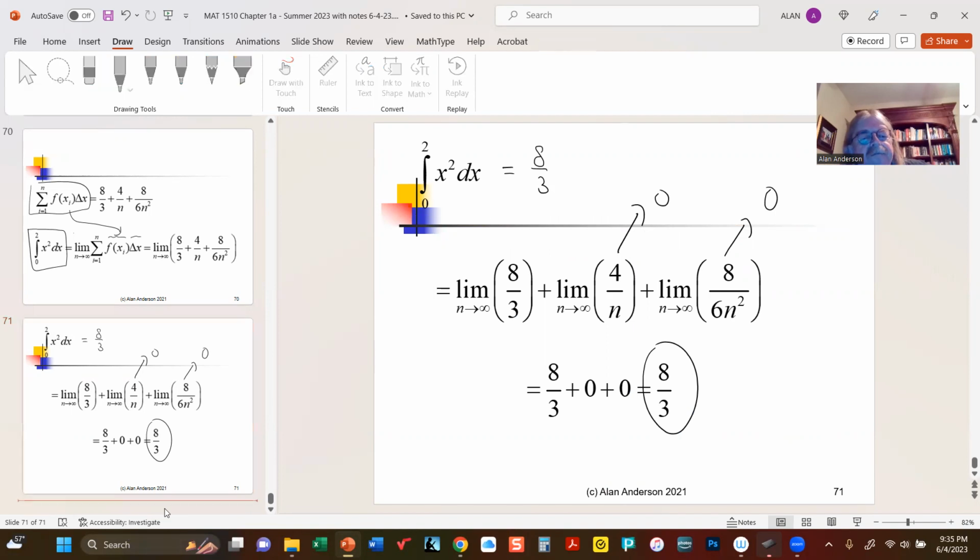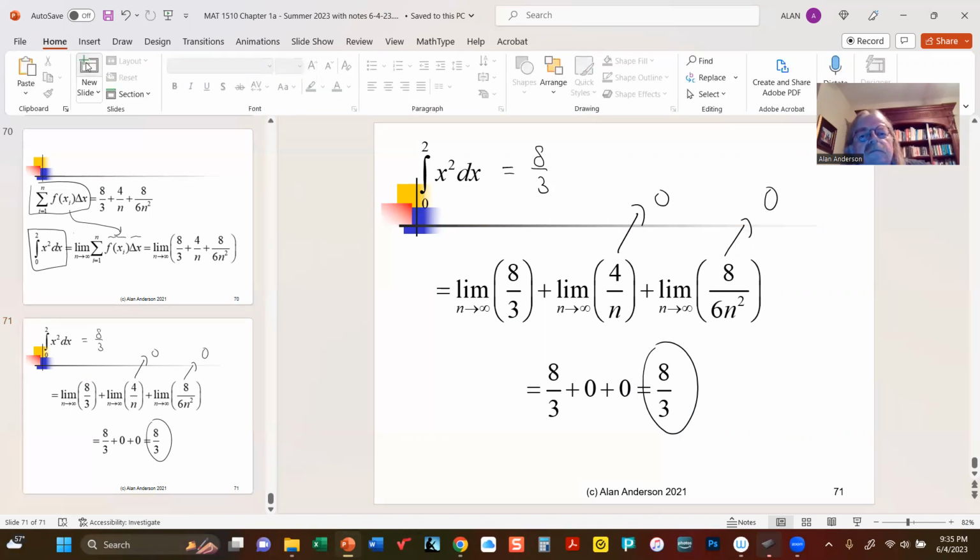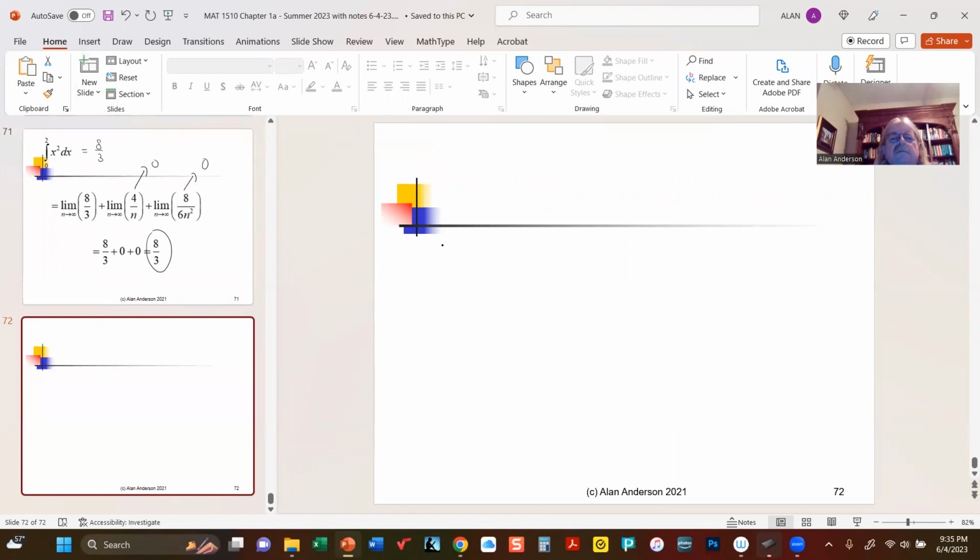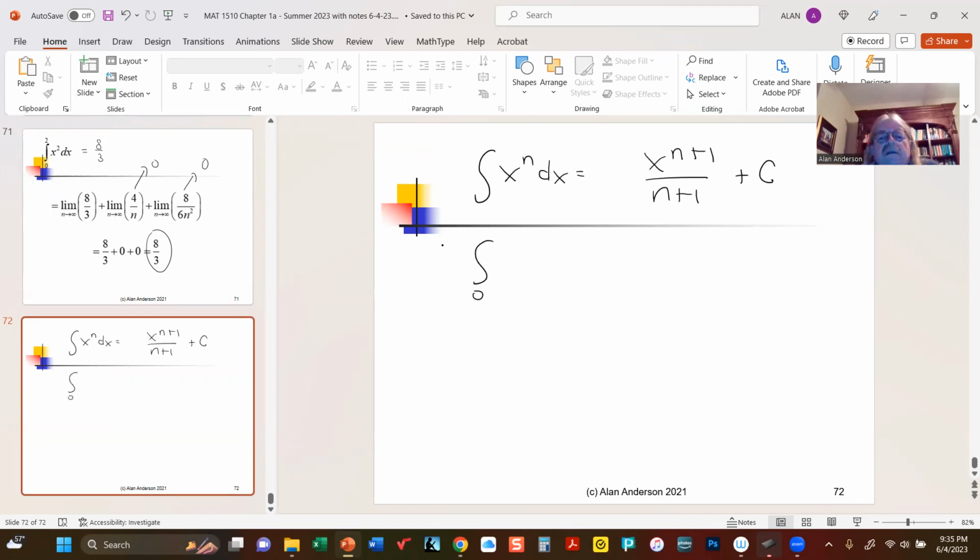If you've forgotten, so in our case, this is actually a definite integral.